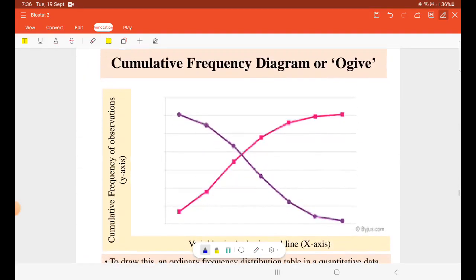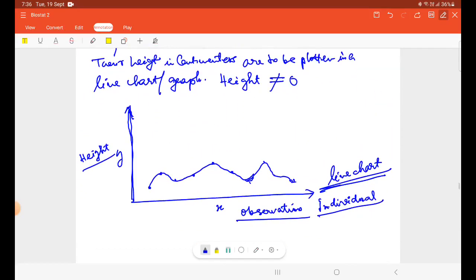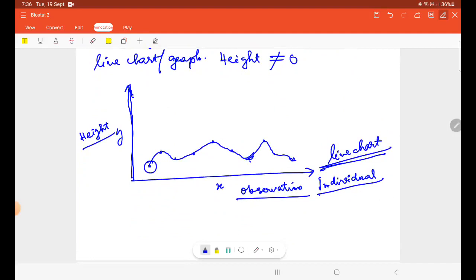Next is the cumulative frequency distribution Ogive. This is very important. So one point is missed here. It is never 0. So we cannot compare, like in comparison to boy 1, boy 2, how many times high, how many times taller.